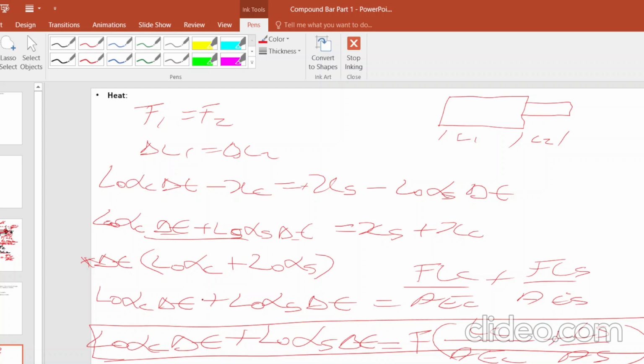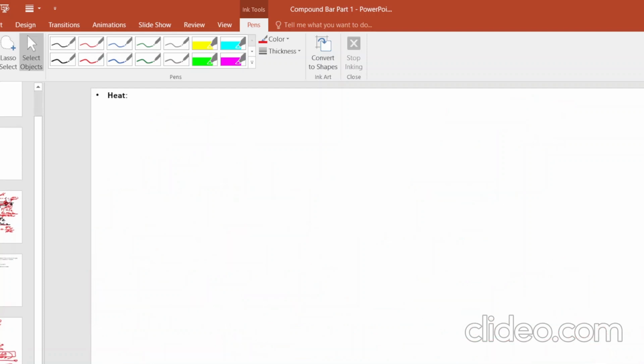Now, if you were asked to calculate the change or the final length of those compounded materials, if you'll be asked to calculate the change in length of those compounded materials, you have, as a result of heat, change equals α, coefficient of expansion, change in temperature. If it is of copper, it will be minus.